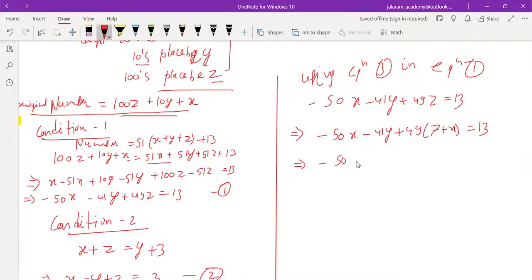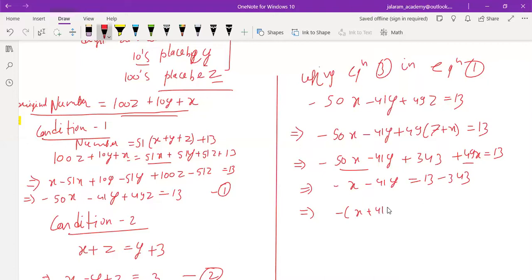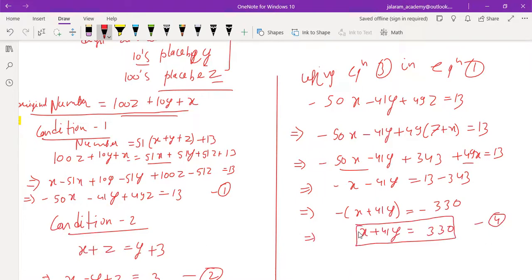It implies minus 50x minus 41y plus 49 sevens are 343, plus 49x equals 13. It implies minus 50x plus 49x, minus x, minus 41y equals 13 minus 343. It implies minus is common, x plus 41y equals minus 330. So minus on both sides will be cancelled out, x plus 41y equals 330, which is equation number 4, and it has only 2 variables.